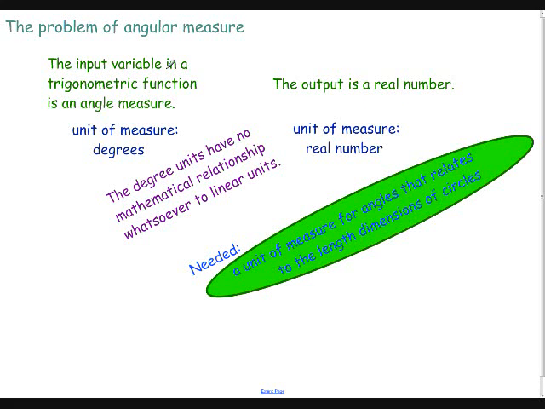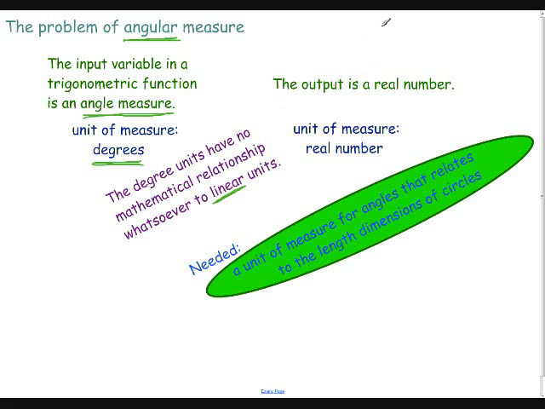We do have a problem here. We're going to face it very soon. The input variable in any trig function is an angle measure. We have up to this point always measured our angles in degrees, or for some of you, usually measured our angles in degrees. Degrees have no relationship to linear, do they?